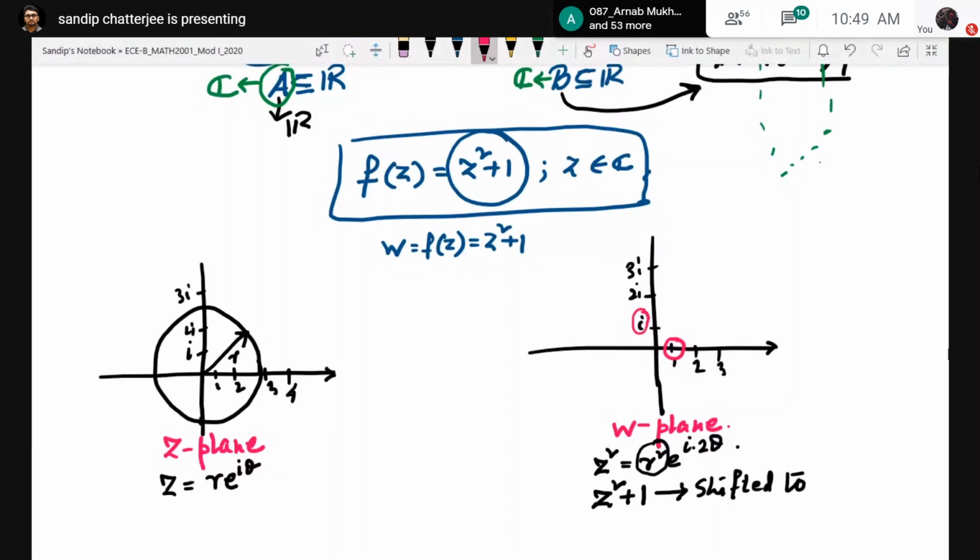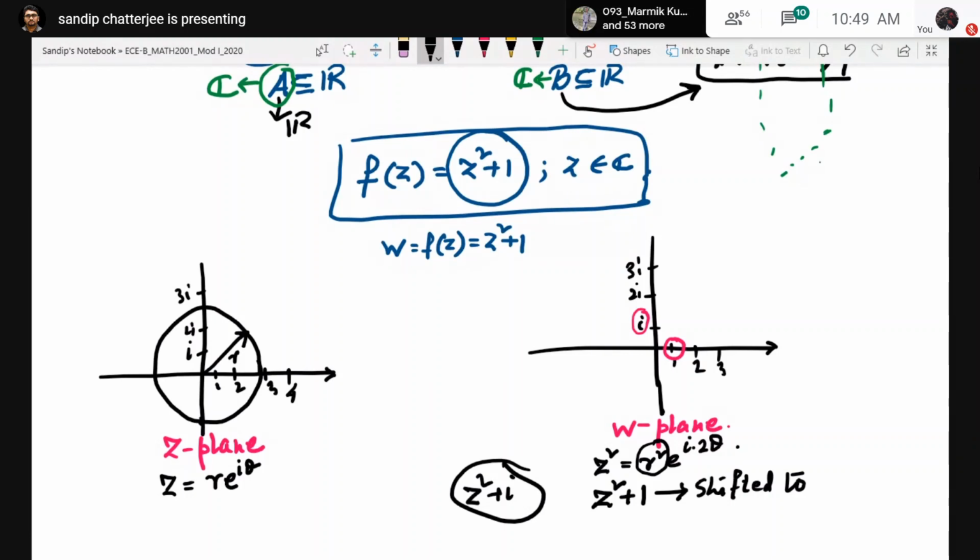So if I consider z square plus 1, what will happen? And you will parallelly tell me, if I consider z square plus i, what will happen? If I consider z square plus 1, the shift will be along the x-axis.